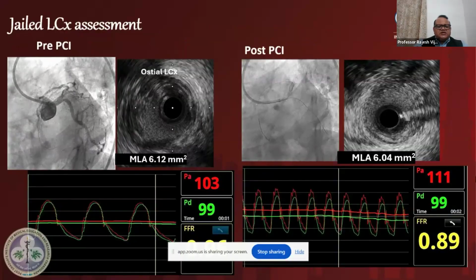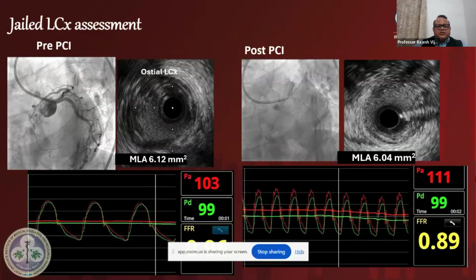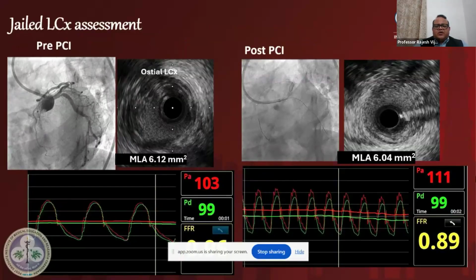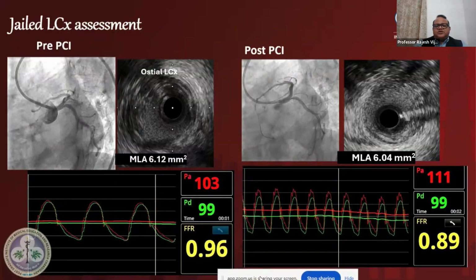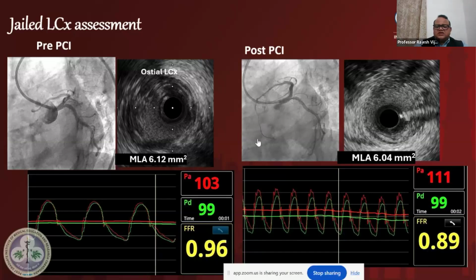Pre-PCI, we assessed the ostial LCx: the MLA was 6.12 millimeters square, and FFR was 0.96. Post PCI, though angiographically it seems there is a significant plaque shift and significant stenosis across the ostial LCx, we had an MLA of 6.04 millimeters square and an FFR which was 0.89. So therefore, there is no need to go for any intervention for the ostial LCx.